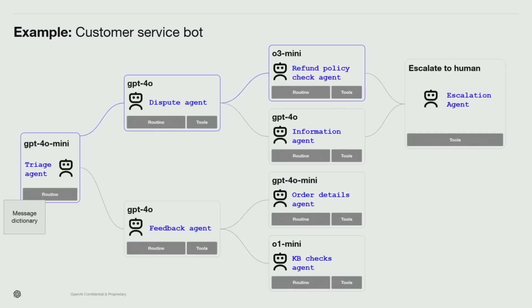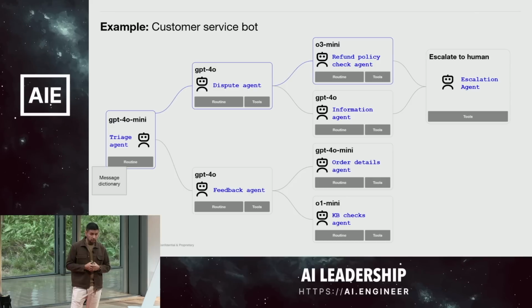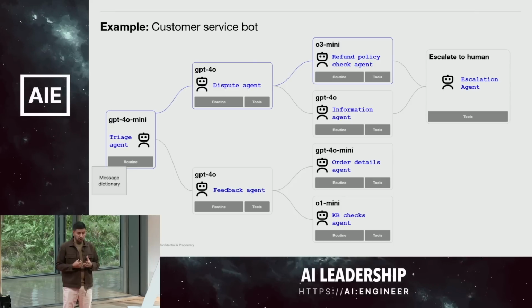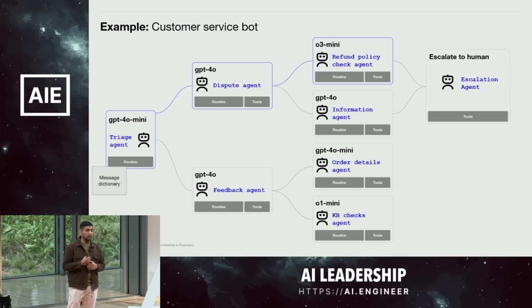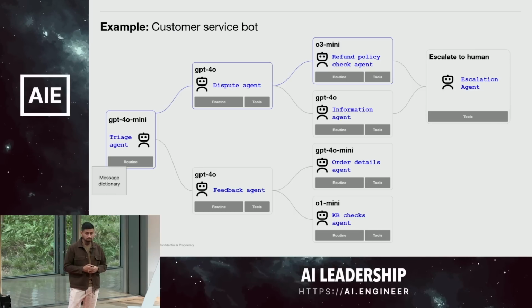And finally, we are using our O3 mini reasoning model to perform accuracy-sensitive tasks, like checking whether the customer is eligible for a refund. It turns out that handoffs work really well, and keeping the entire conversation history and context while swapping out the model, the prompt, the tool definitions provides sufficient flexibility to solve a wide range of scenarios.